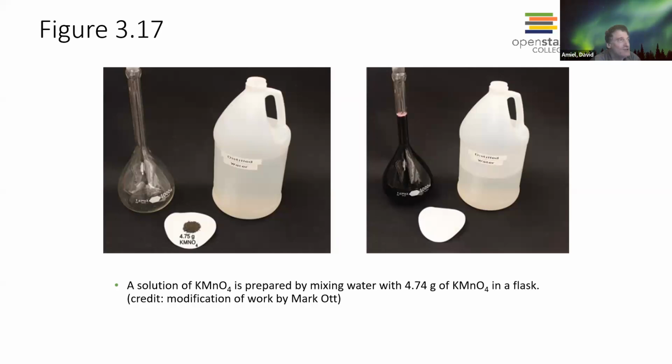That's what we're trying to make, a 1 molar concentration of stock solution of potassium permanganate. 1 molar means 1 mole of solute per liter. So we would figure out the mass of 1 mole of potassium permanganate.